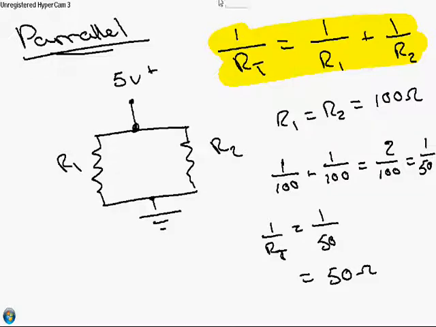this circuit can ultimately be reduced down to one resistor. So you've got your 5 volts, you have your resistor, and then you've got ground. And this is our total. So you can take this down to one resistor.